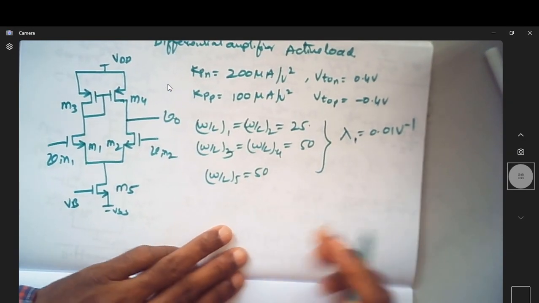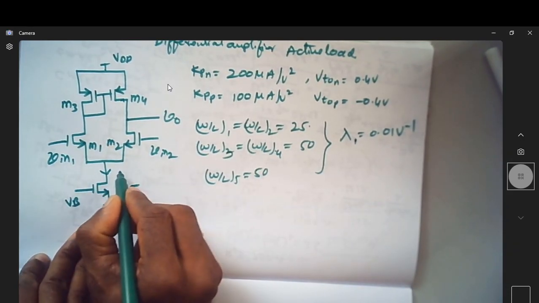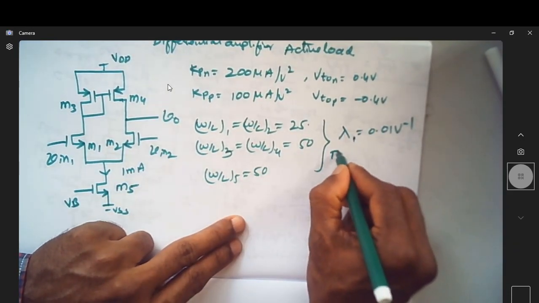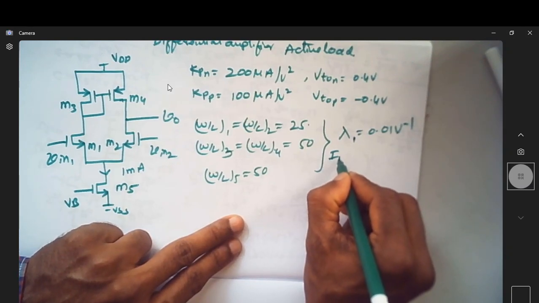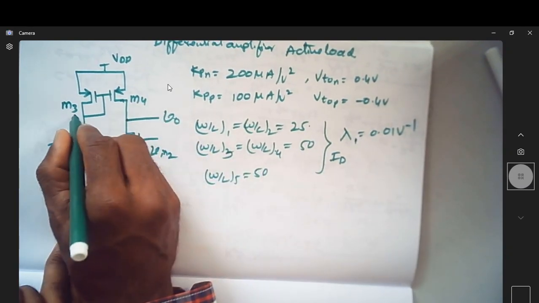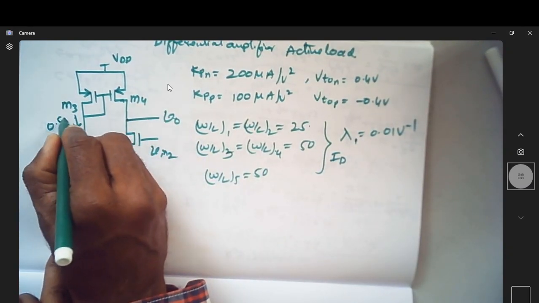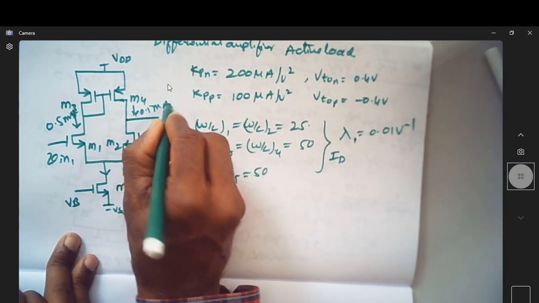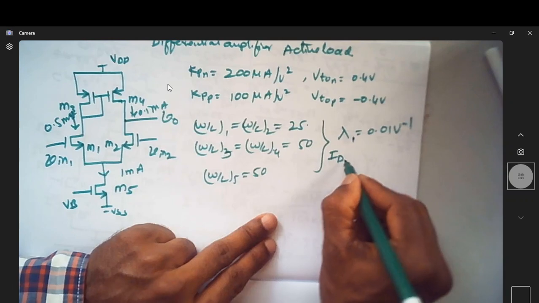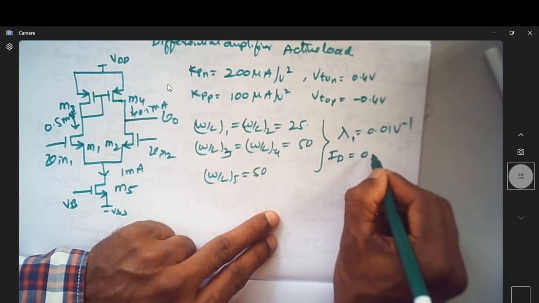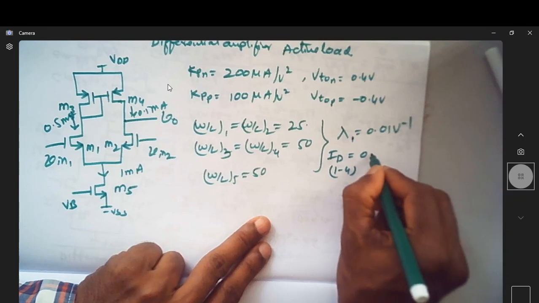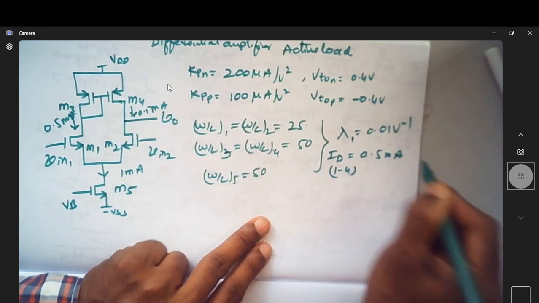Let us consider a current of 1 milliampere here. Then the current flowing through this arm will be 0.5 milliampere, and this will again be 0.5 milliampere because these two are balanced. So ID of all transistors 1 to 4 except M5 will be 0.5 milliamperes.